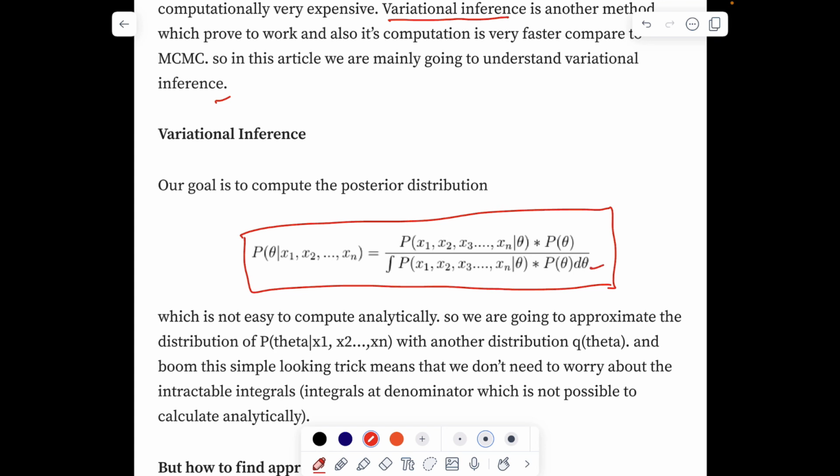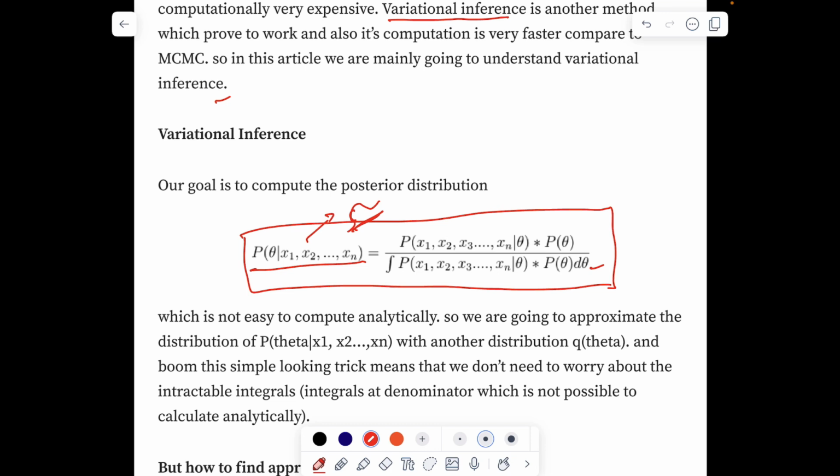This posterior is nothing but a probability distribution. So what we are going to do is estimate this probability distribution by another probability distribution.